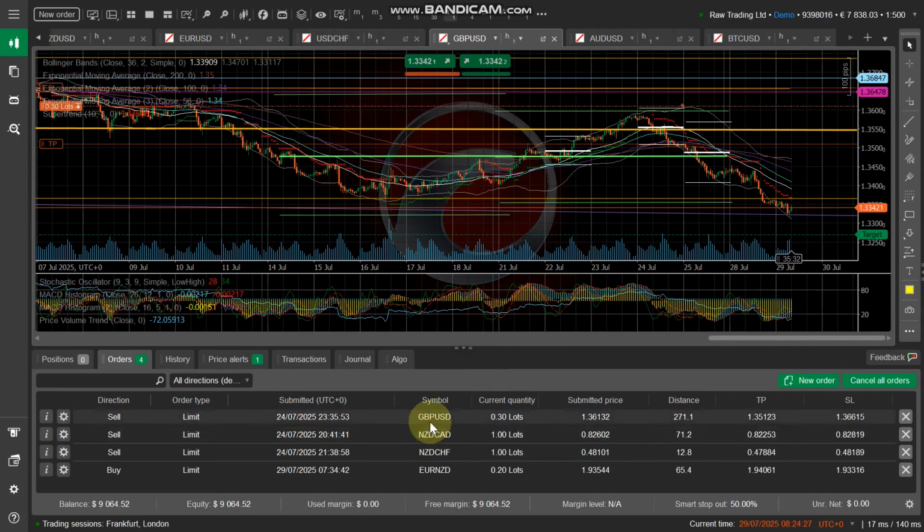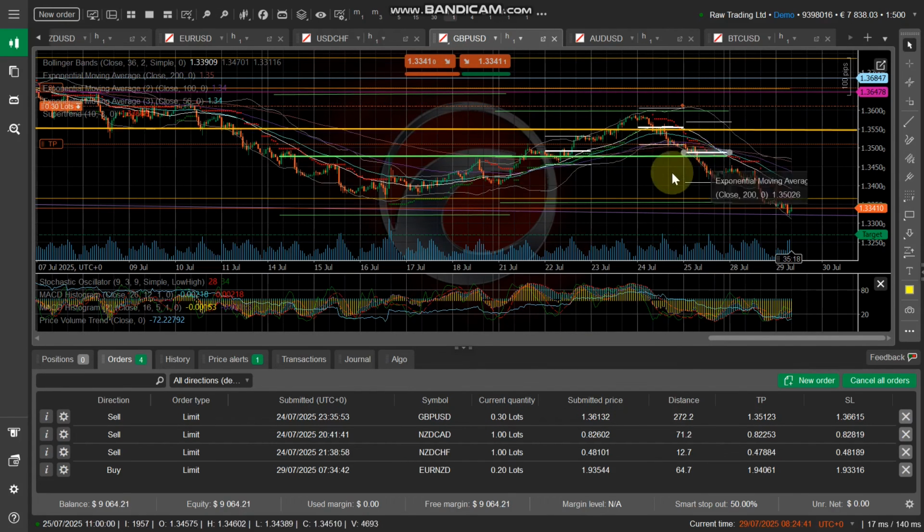Now GBP USD. I already changed it, from selling to sell. This is far away because before, my price was so high. I know it's going down, but the price is already somewhere around here.